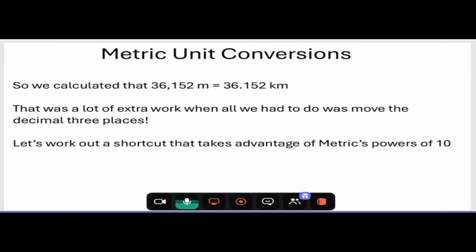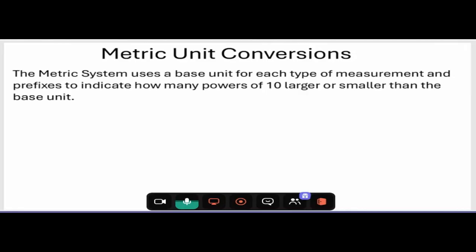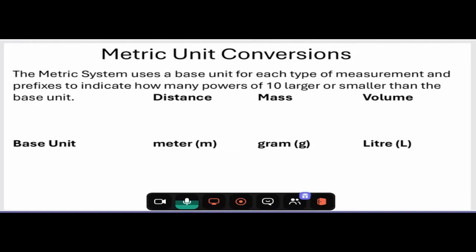So let's work out a shortcut that takes advantage of this power of 10 business that metric is all built around. So in metric, there is a base unit for each type of measurement. And when I say types of measurement, I'm talking distance, mass, and volume. It could be anything else as well that you can apply the metric prefixes to.